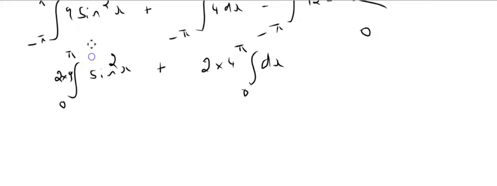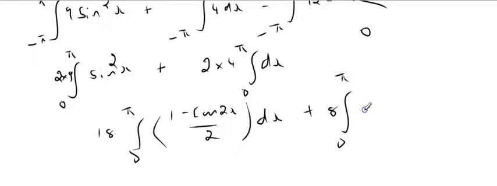Now on integrating, I can't integrate sin squared x directly. So it is integration of 0 to pi, and I can rewrite this as 1 minus cos 2x by 2 dx plus integration of 2 times 4 is 8, 0 to pi dx.